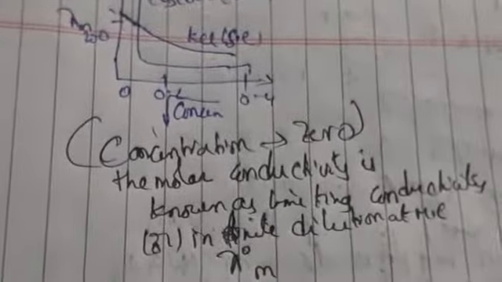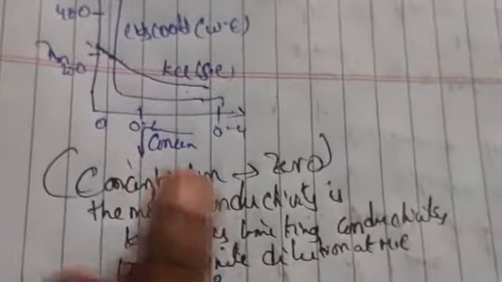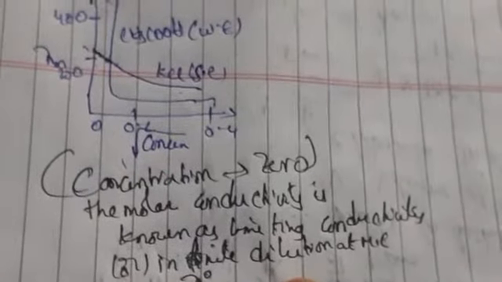The variation of lambda m with concentration is different for strong and weak electrolytes.